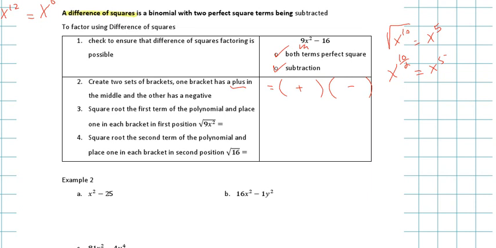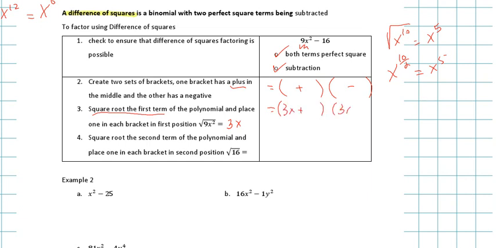In the second step, you square root the first term and place one in each bracket in the first position. What's the square root of 9x squared? 3x. Because 2 divided by 2 is 1. So I put 3x in the first position.